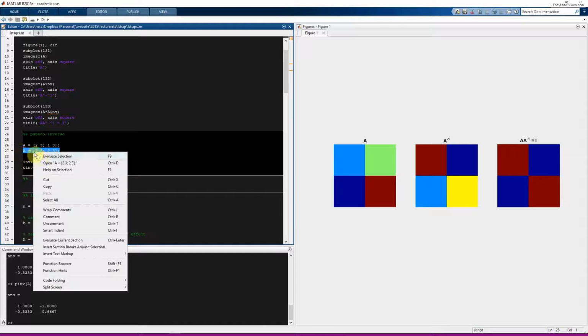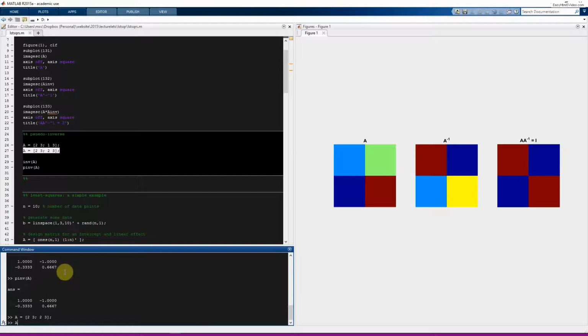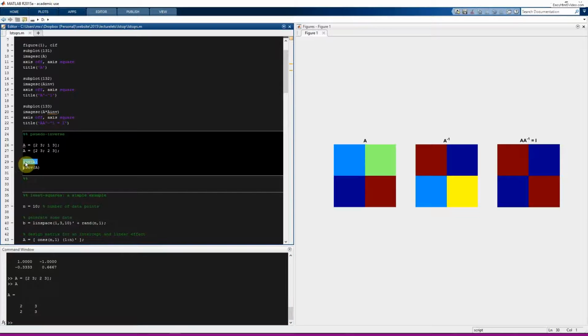But now we have this other example where A is a reduced rank matrix. So the rank is just 1. There are multiple ways to see that. You can see that both rows are identical, so this row is a scalar multiple of this row where the multiple is 1. Or this column is a scalar multiple of this column. So now we can see this is a reduced rank matrix. It's also called a singular matrix.